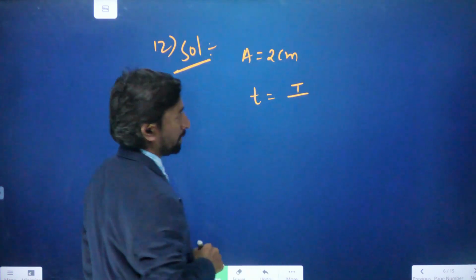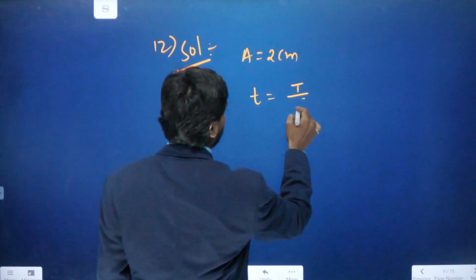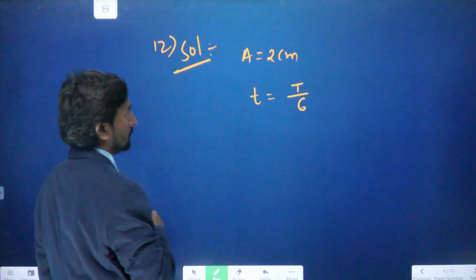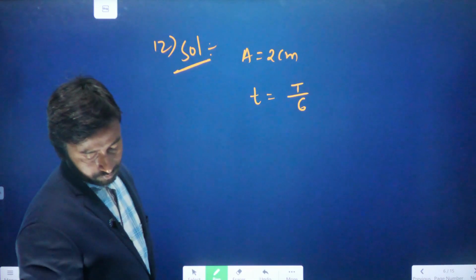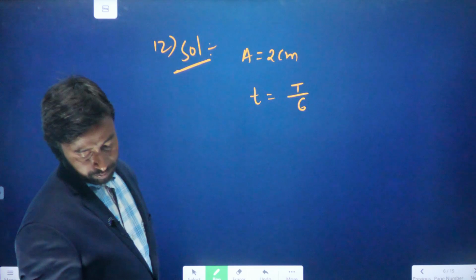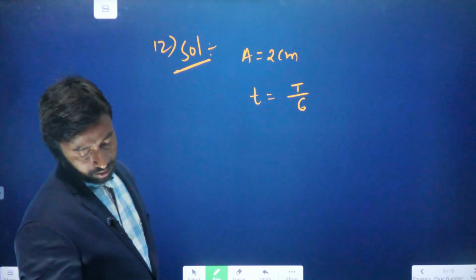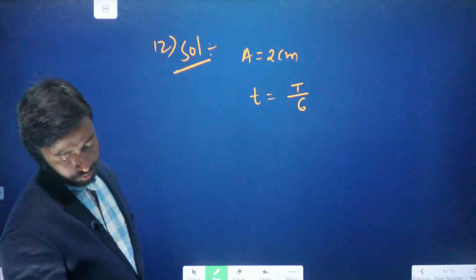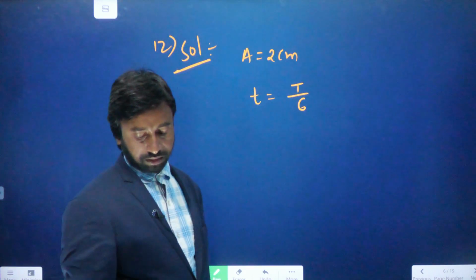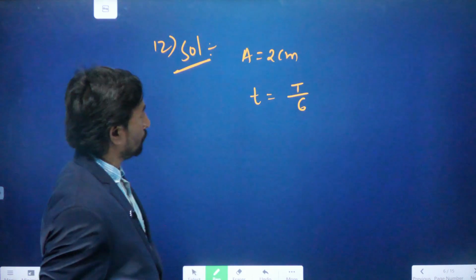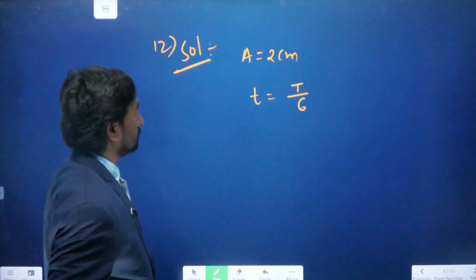The time period is denoted by capital T, so we can write T by 6. So the displacement from its mean position in a time interval equal to 1 by 6th of its time period, that is T by 6.